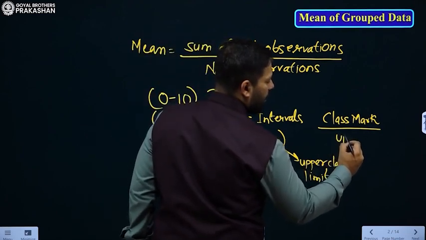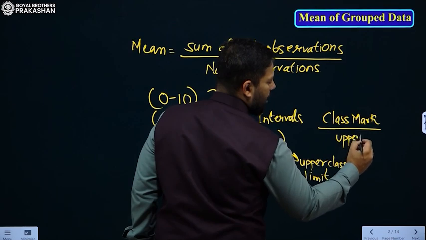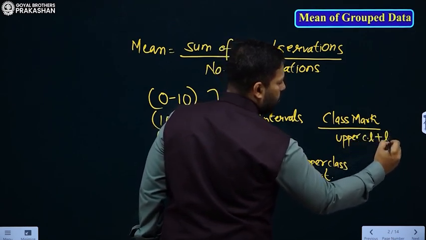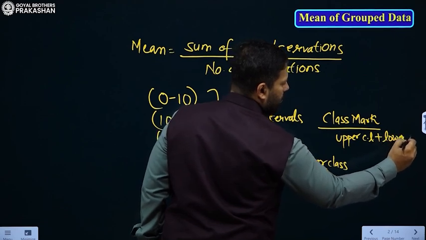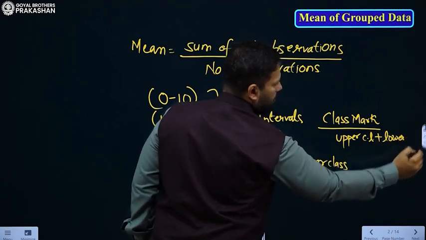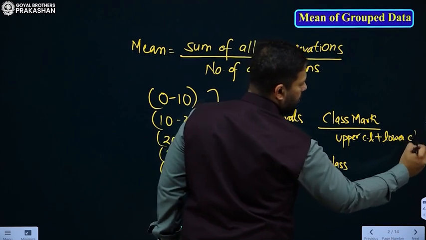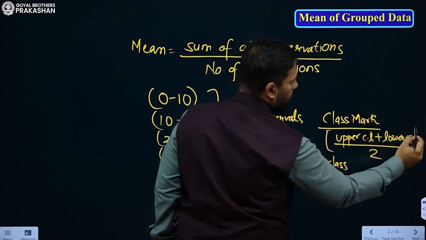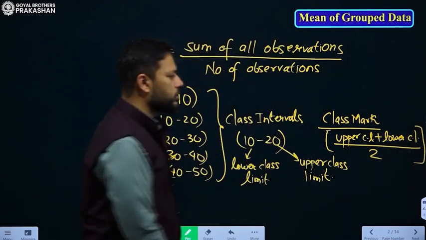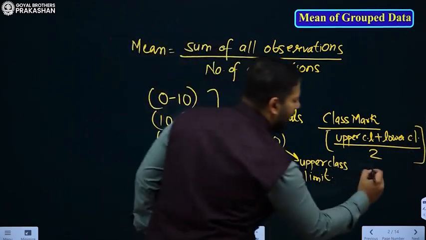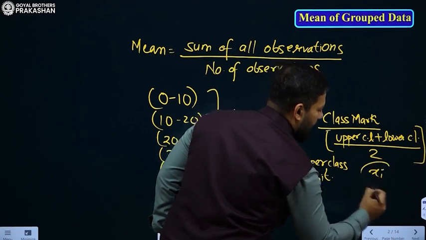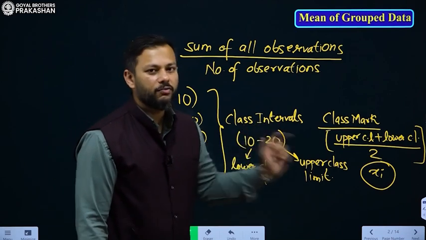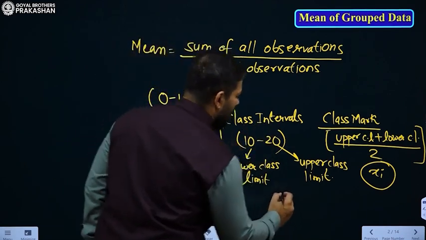Class mark of a class interval is upper class limit added with lower class limit divided by 2. Very important. We are going to use this class mark as xi. This class mark is used as xi and the frequency of this class mark is known as fi.